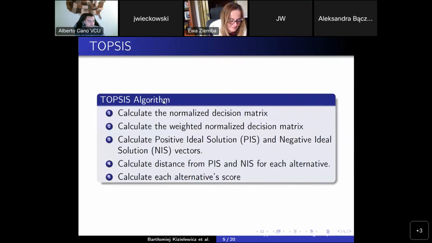We can distinguish 5 steps, and as I said, the main step is to calculate the positive and the negative ideal solution. Moreover, at the beginning, the decision matrix is normalized, and using the determined grades of criteria, the weighted normalized decision matrix is calculated. At the end, each alternative score is calculated.